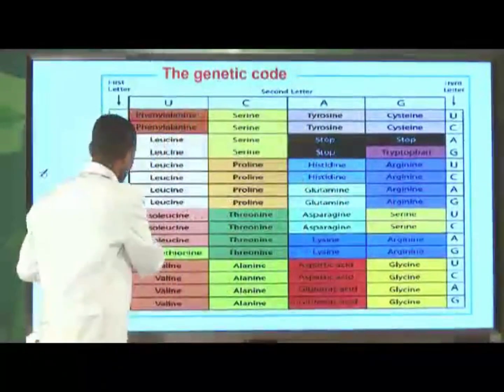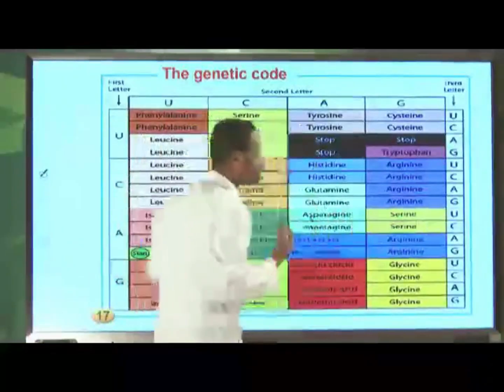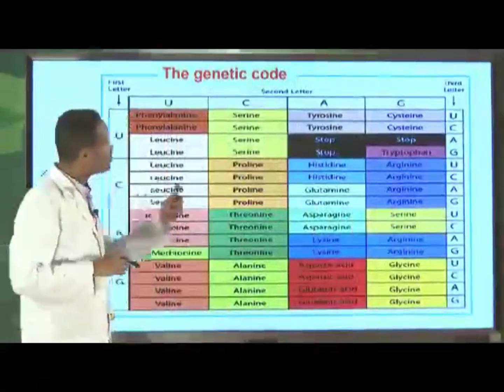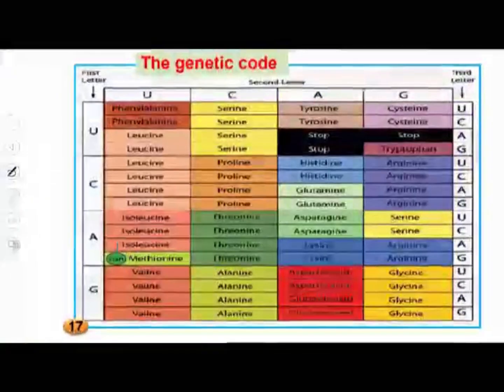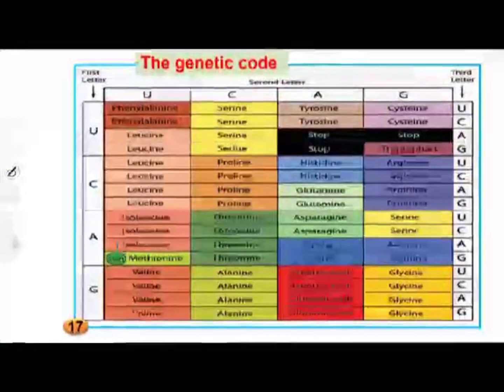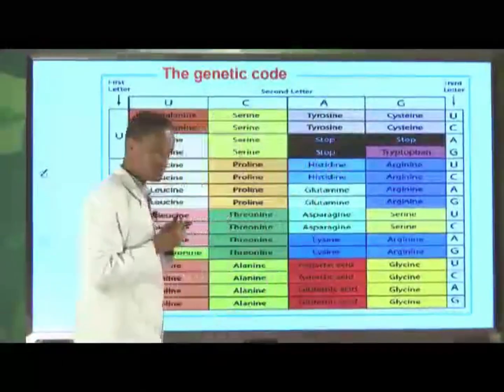And again, adenine, cytosine, and cytosine again encodes threonine. In this way, we can conclude that one amino acid can be encoded by one or more than one codon.